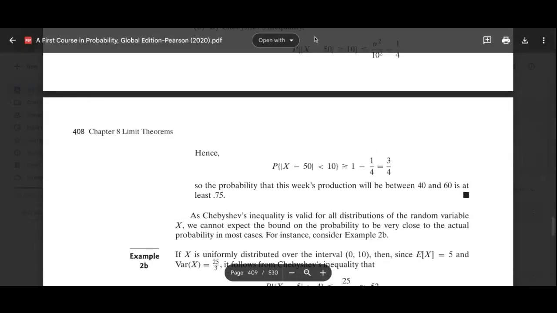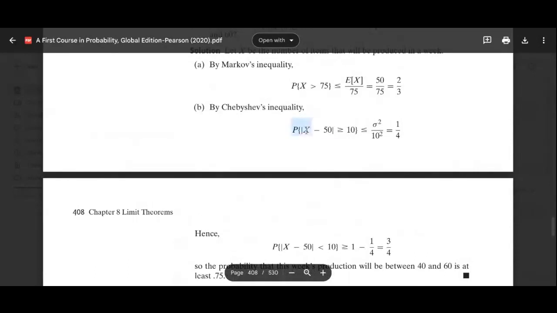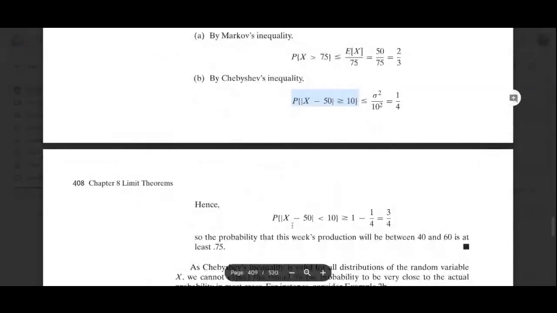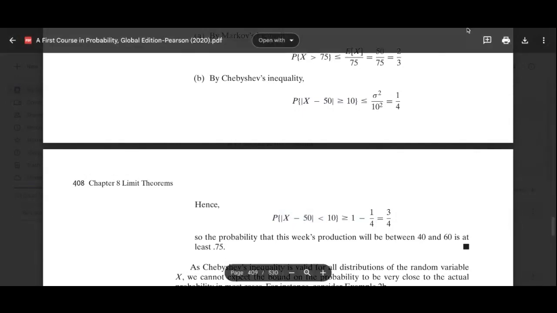So that's greater than, right? So this is greater than or equal to 10. So X minus 150 less than 10 is 1 minus that, the complement of that. Sigma is 5.